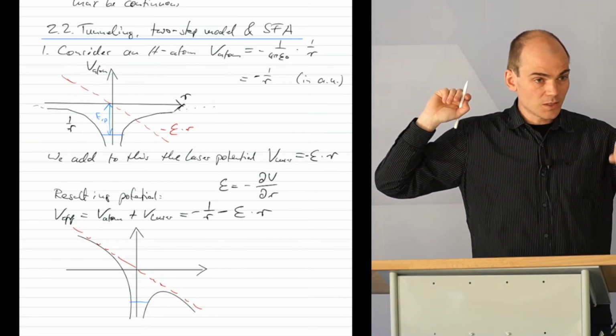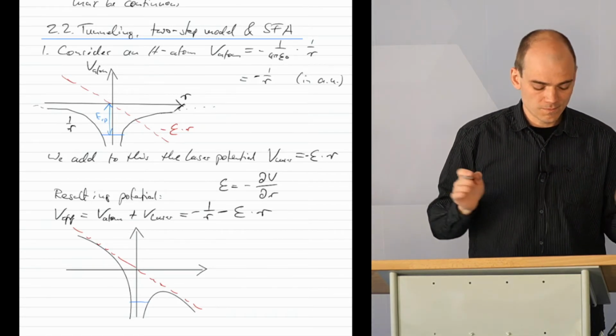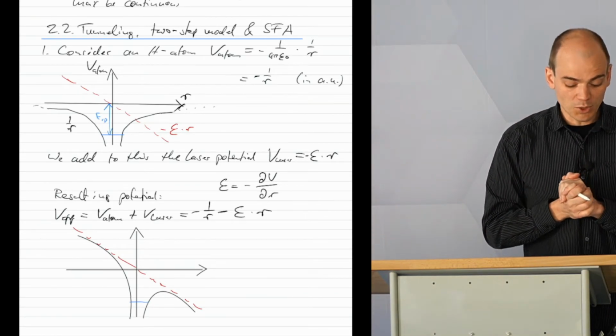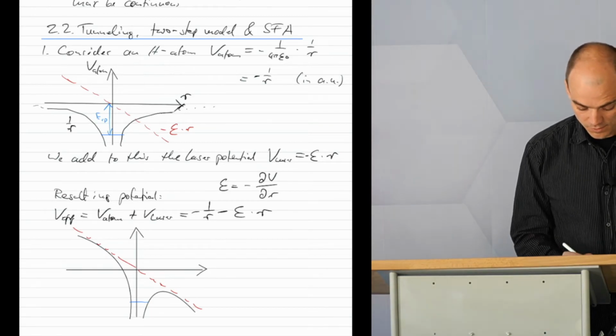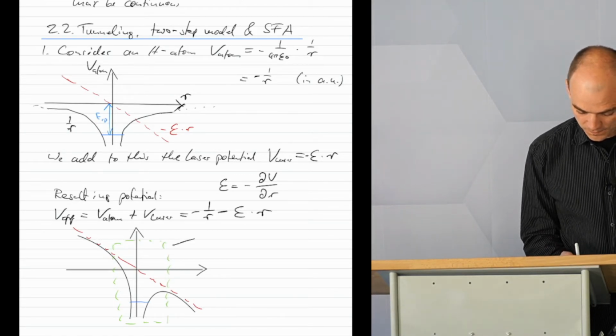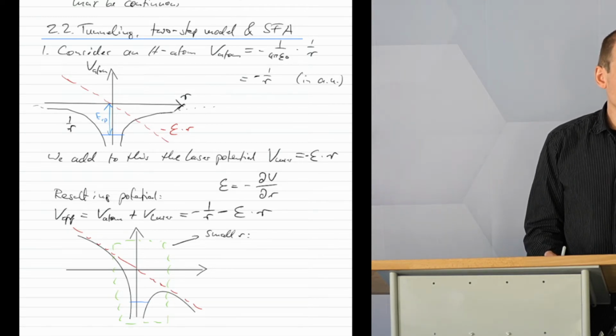But the deeper the state is, the less affected it is. And what we can learn from this plot is that at small radii, say in this range here, the atomic potential dominates.